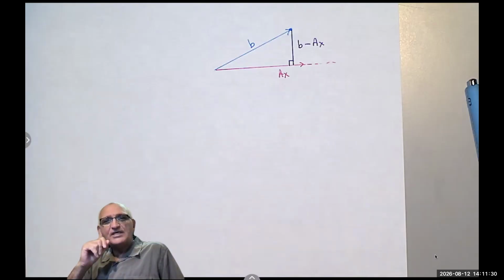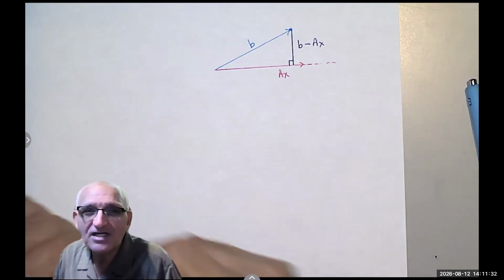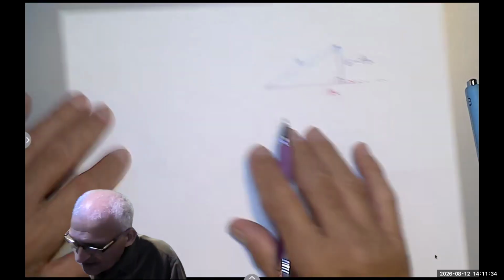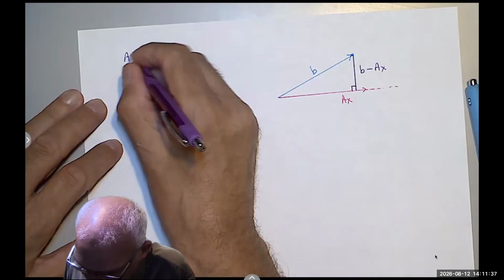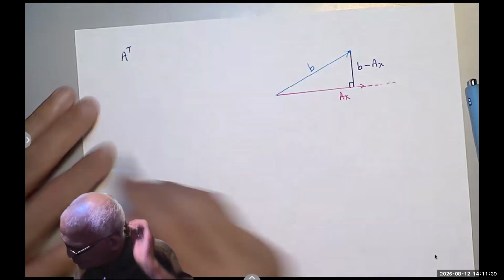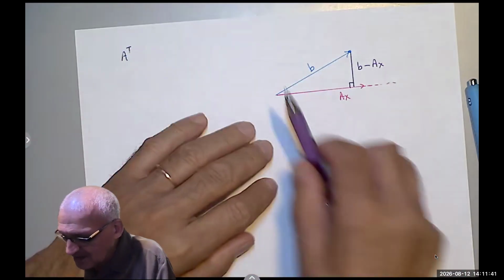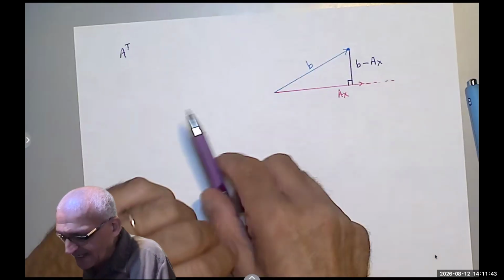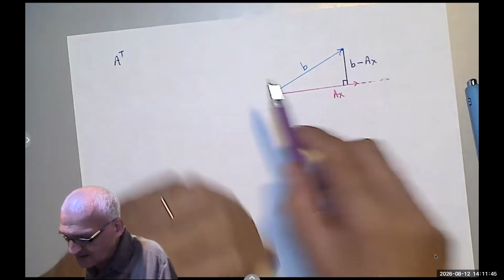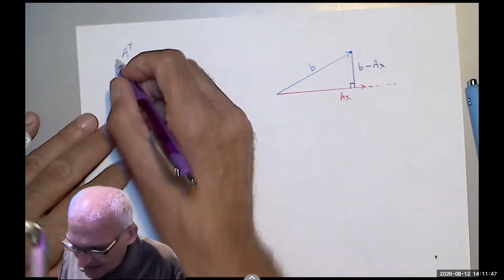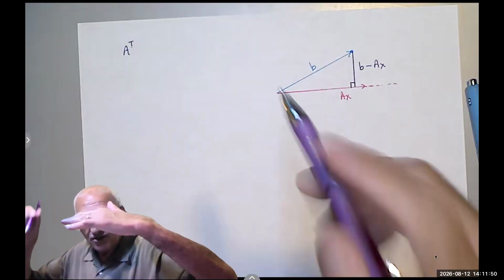The left null space, the null space of A transpose, which means I can say that A transpose times B minus AX equals 0, because you are multiplying a row by a column.